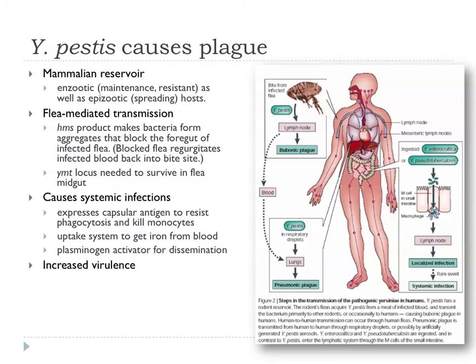Now, Yersinia pestis in humans and in other animals can actually live inside the circulation, inside cells of the immune system as well. It resists phagocytosis, it can kill monocytes, it can live causing septicemia. Now, this distinguishes it from its closest relatives, which actually are just gastrointestinal organisms.